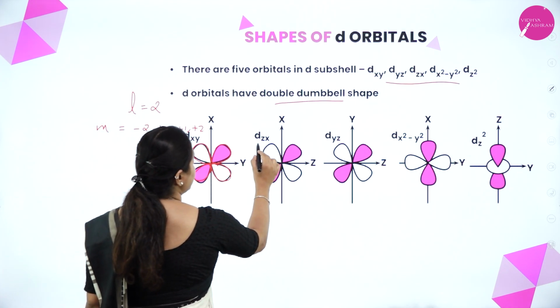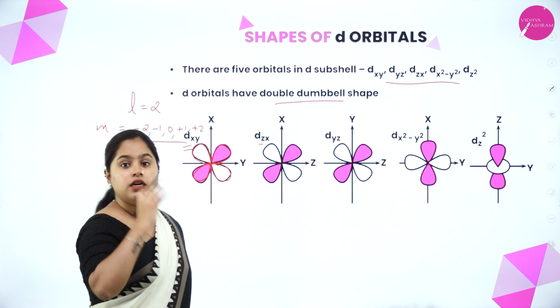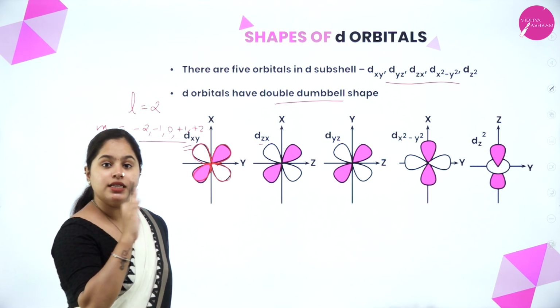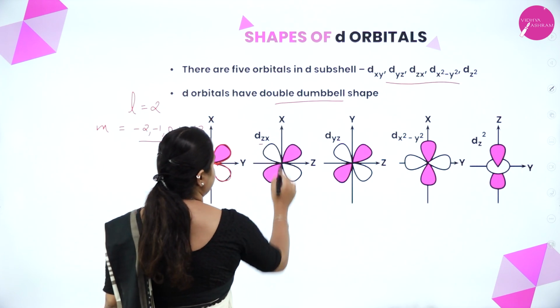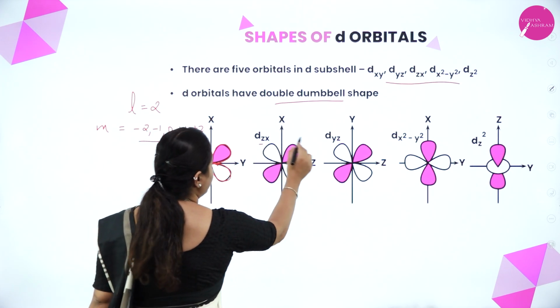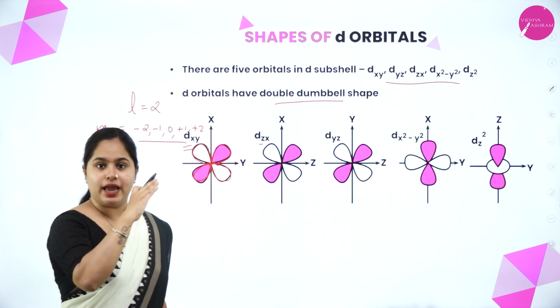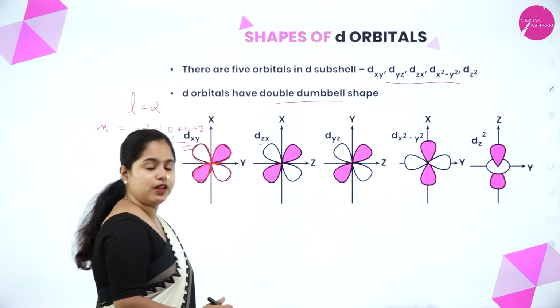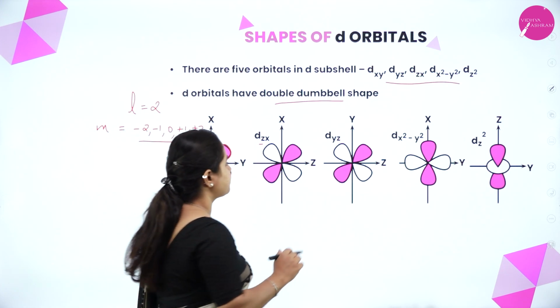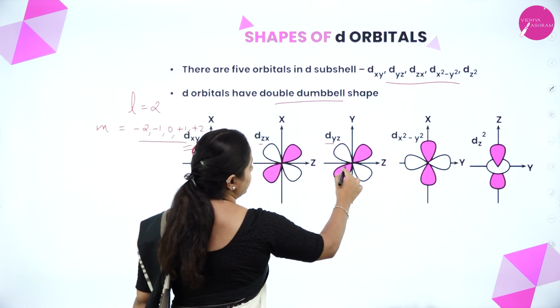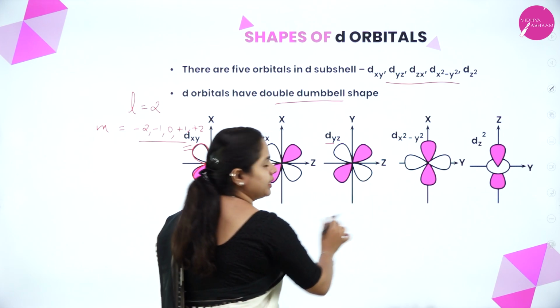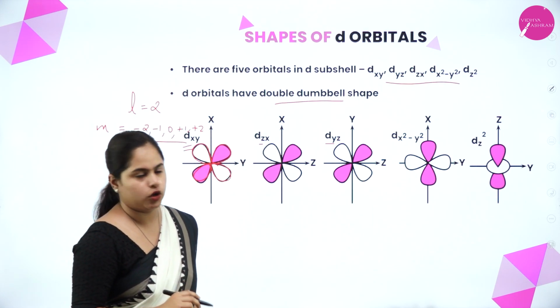Now moving on to dzx. That means the two dumbbells will be in between z and x axis. This is x axis, this is z axis. Then one will be present here, one will be present here, in between x and z axis, which will give you dzx orbital. Now dyz, it will be between y and z axis, that is dyz orbital.